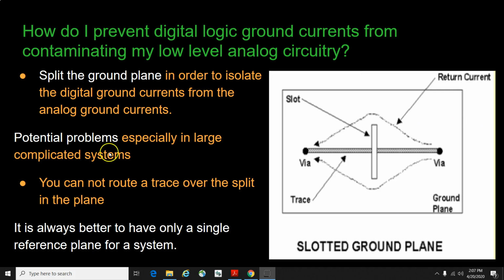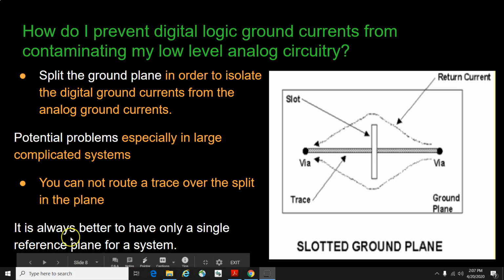So as it is mentioned here, potential problems, especially in large complicated systems: you cannot route a trace over the split in the plane. So this is the same thing, and it is always better to have only one single reference plane for a system instead of having a slot.